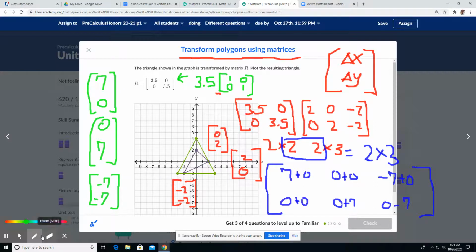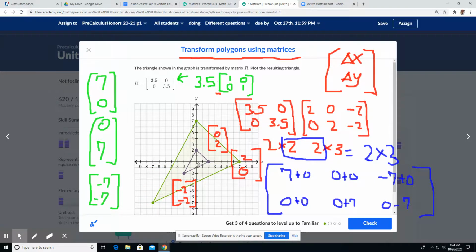All right, so let's go ahead and plot these points. 7, 0. X is 7, Y is 0. 0, 7. X is 0, Y is 7. Negative 7, negative 7. Check.